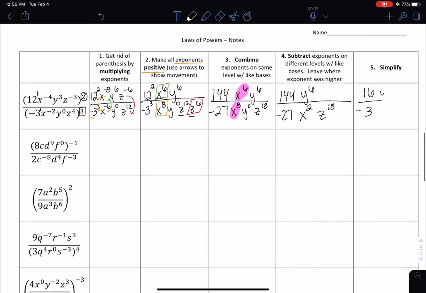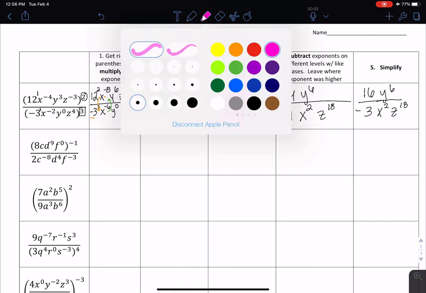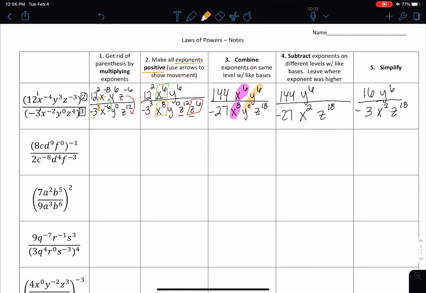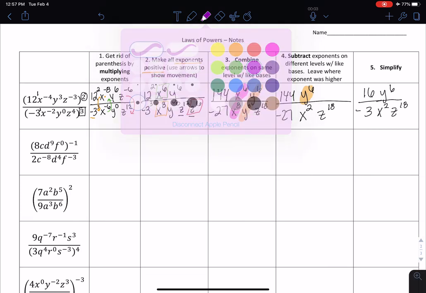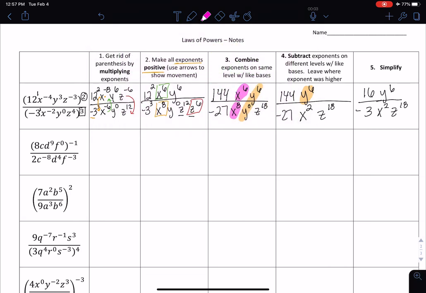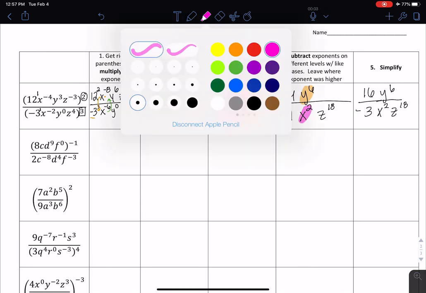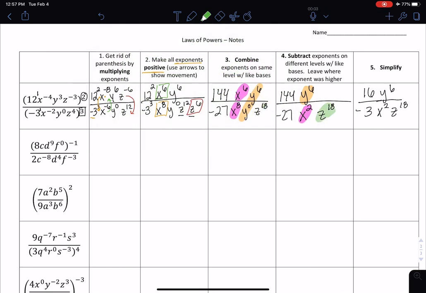And then my y's would stay on the top, my x is on the bottom, and my z's on the bottom. Okay? And then sorry I didn't do this good. Those two. And that's my x. And then my z's didn't have any 1, so they stayed on the bottom.